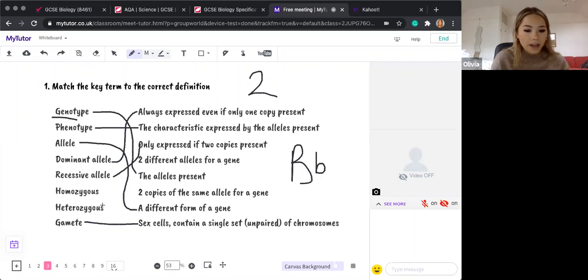And then we've got homozygous and heterozygous. I'll give you a moment to work out which is which, and if you can send that to me in the chat.